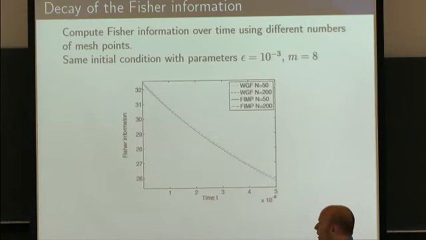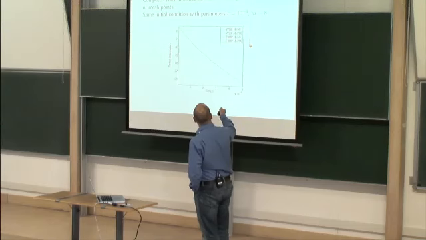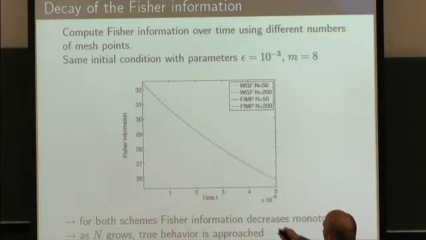I'm not sure if it's possible to read from the very back, but you see that for all schemes, and here we did this also for different numbers of grid points, you have a monotonically decreasing Fisher information over time. For example, for this Wasserstein gradient flow scheme, for 50 grid points, this is this line.